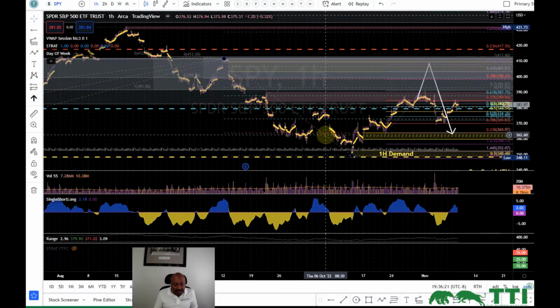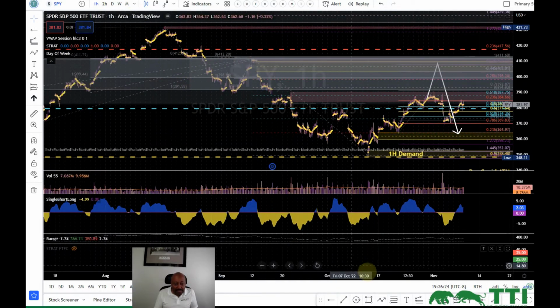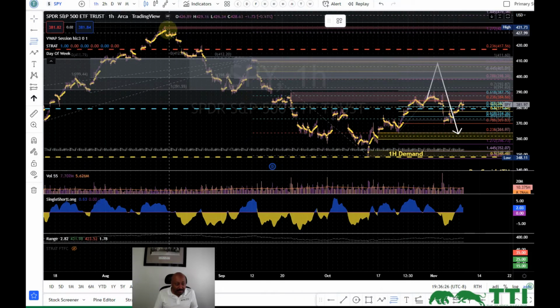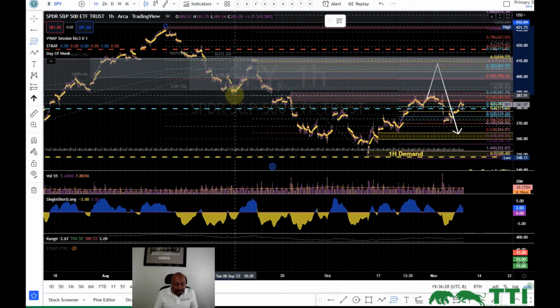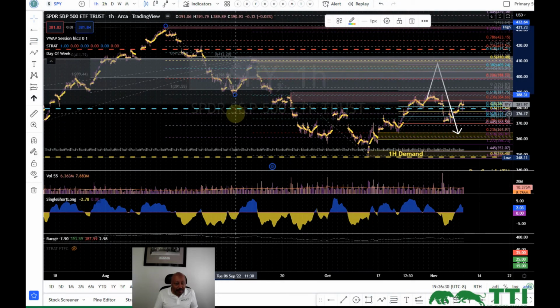Because your fib, if you were playing this to the downside, says this is where I want to exit. However, I cannot wait until I exit here because historically it says I make these moves before I reach here.